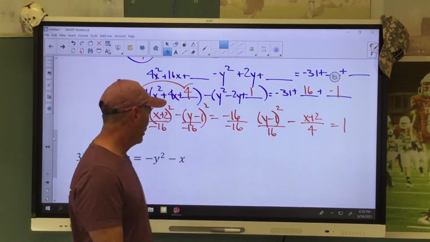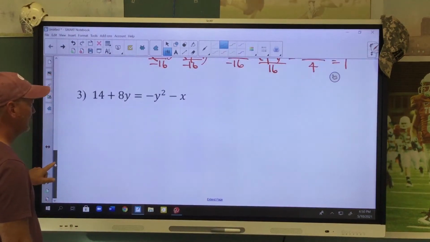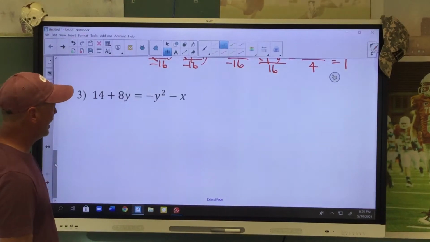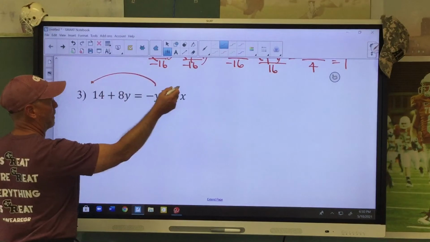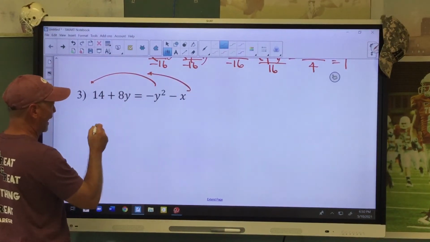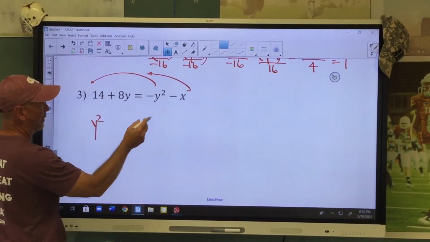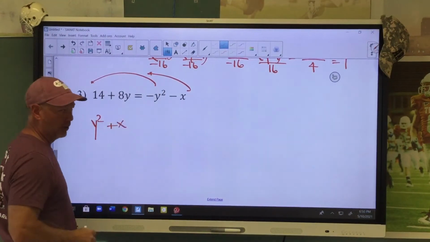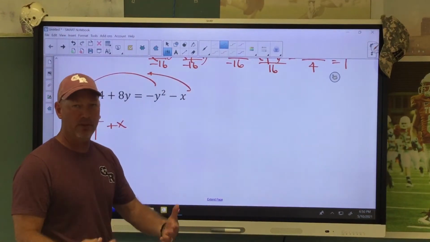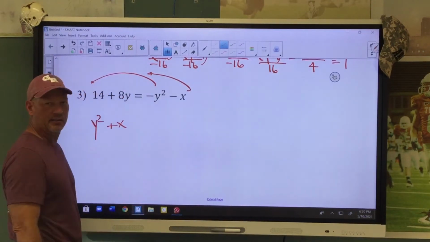Okay? Another problem. Let's look at number 3. We're going to move everything to one side. We can move everything to this side. I would add y squared. I would add the x. The order doesn't matter when you determine the conic section.